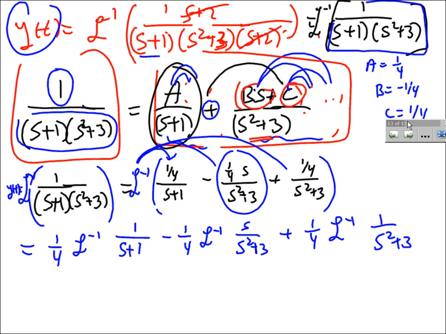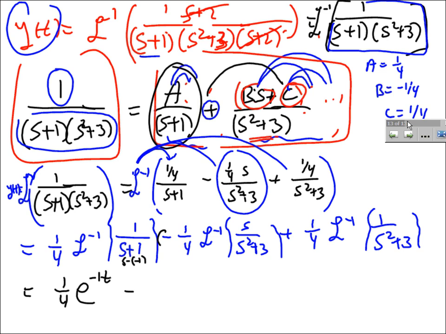Okay. Now most of these, if not all of them, are really straightforward. The reason I said most of them is some of them might need a constant or something. Well, remember, this bottom in the first fraction is the same as s minus a negative 1. So whenever you have 1 over s minus a, it's the quarter in front, times e to the negative 1 t, minus, what is that minus?